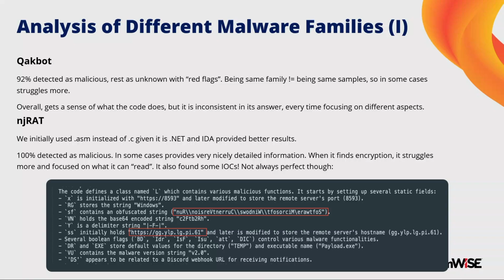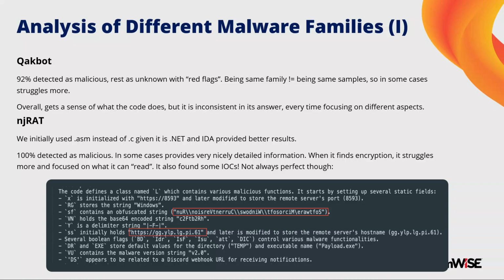For the second family, NGRAT, we were using ASM instead of .c, so disassemble instead of decompile, because they were .NET. We detected 100% as malicious. And here you can see some of the output, which was pretty cool. But I don't know if you can read because the screenshot is not great. Basically, it's providing some IOCs.